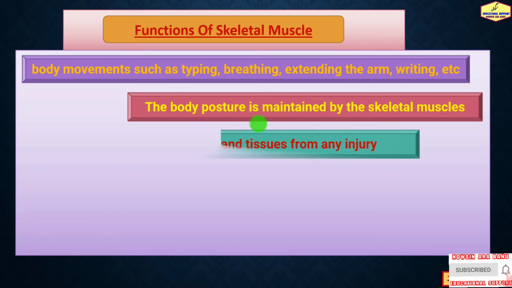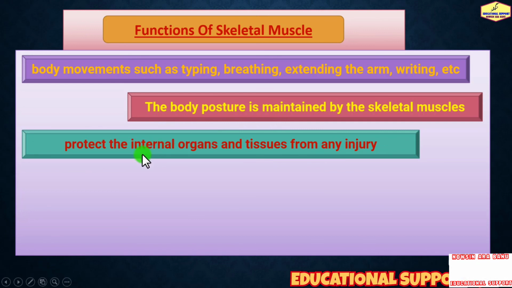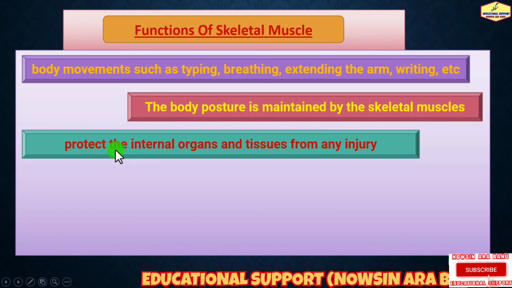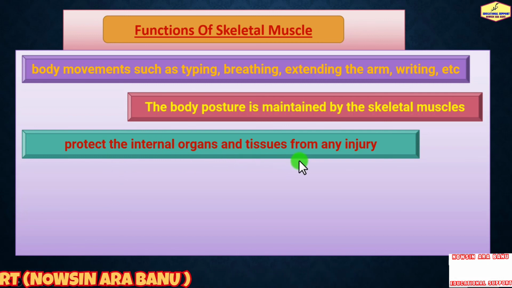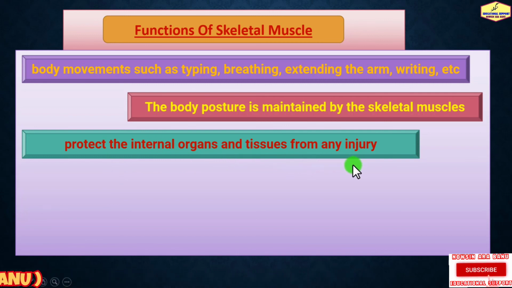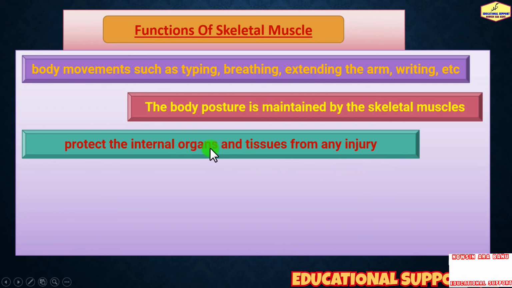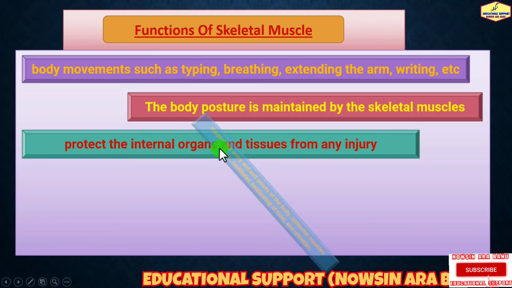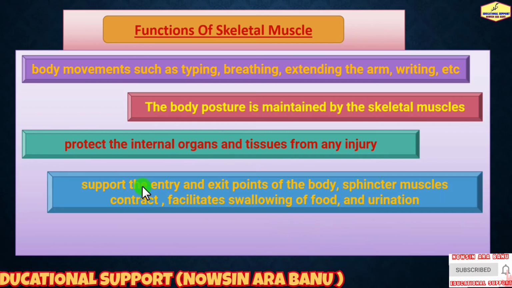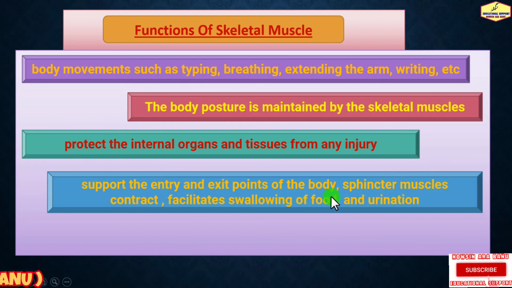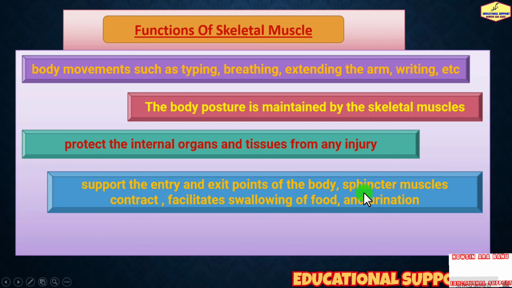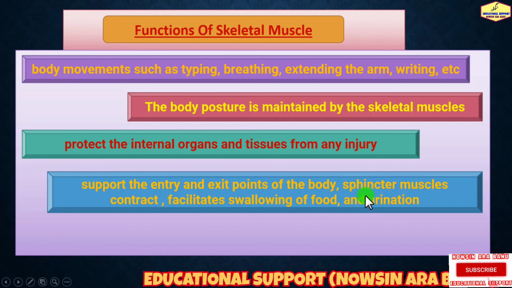Next is, the skeletal muscles protect the internal organs and tissues from injury and also provide support to these delicate organs and tissues. Number 4, this also supports the entry and exit points of the body. The sphincter muscles are present around the anus, mouth, and the urinary tract.